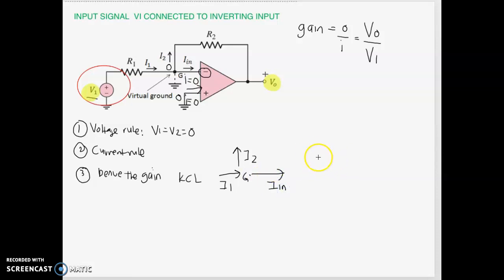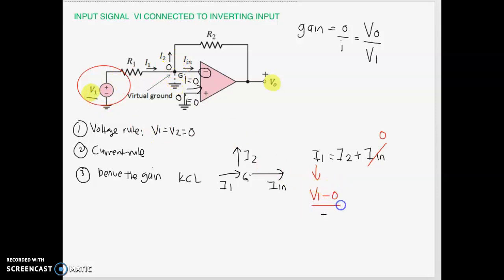So by applying KCL, I1 will be equal to I2 plus I in. What will happen to I in? By applying the current rule just now, your I in is actually equal to 0. So how are you going to find I2? You have a voltage here. By applying Ohm's law, V1 minus, this is 0, right?